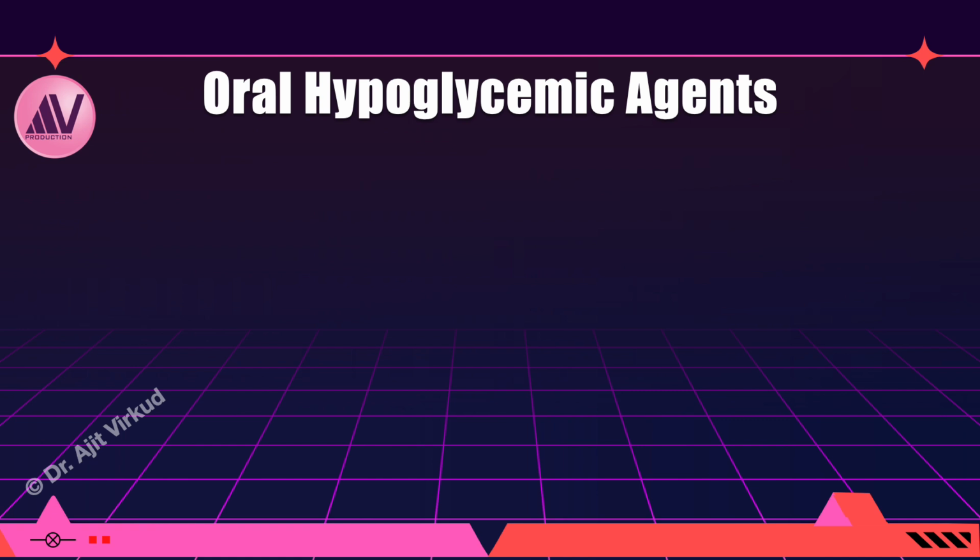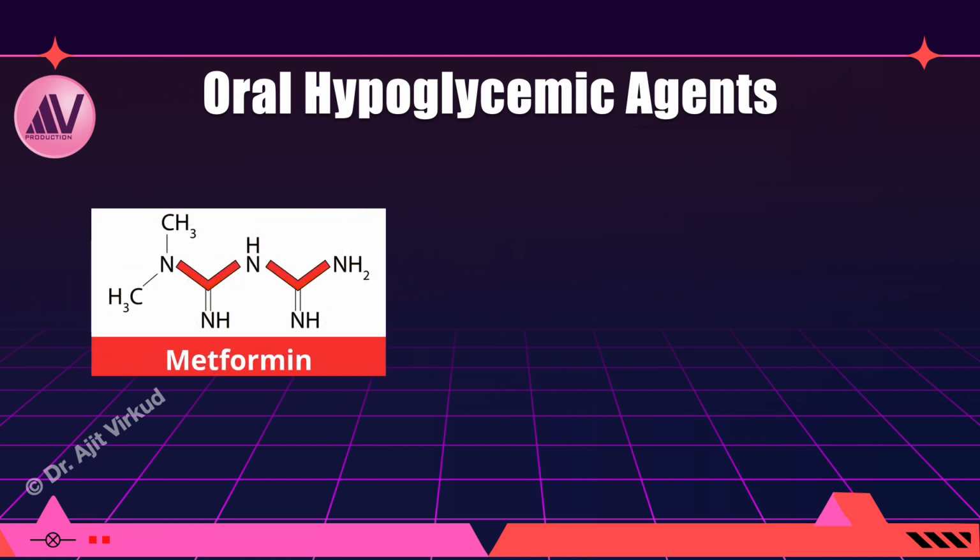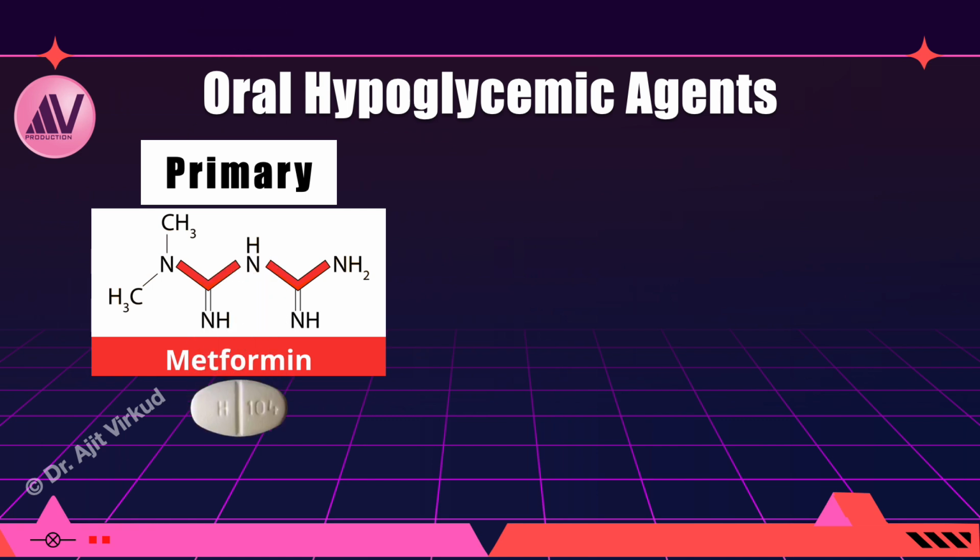To understand the next part of my masterclass, this slide is of paramount importance. So pay close attention. First, metformin. ADA recognizes metformin as the first line or primary hypoglycemic agent that should be used in all cases once the diagnosis is made. It is a class 1 agent called biguanides.